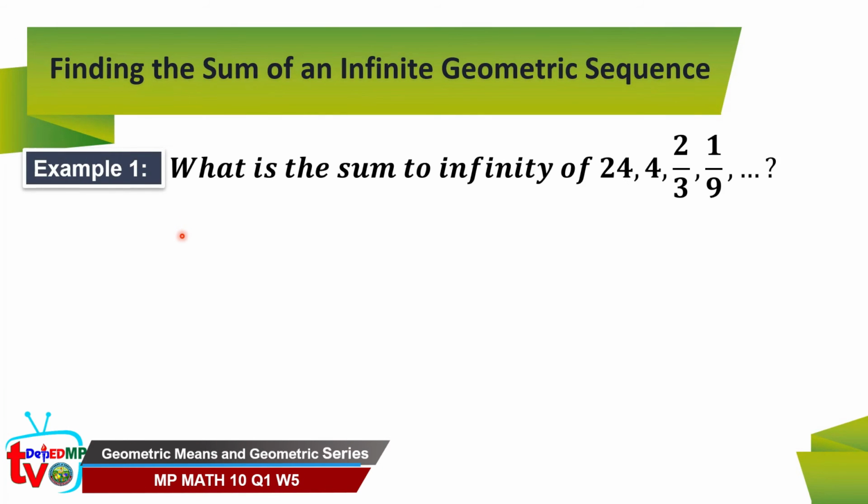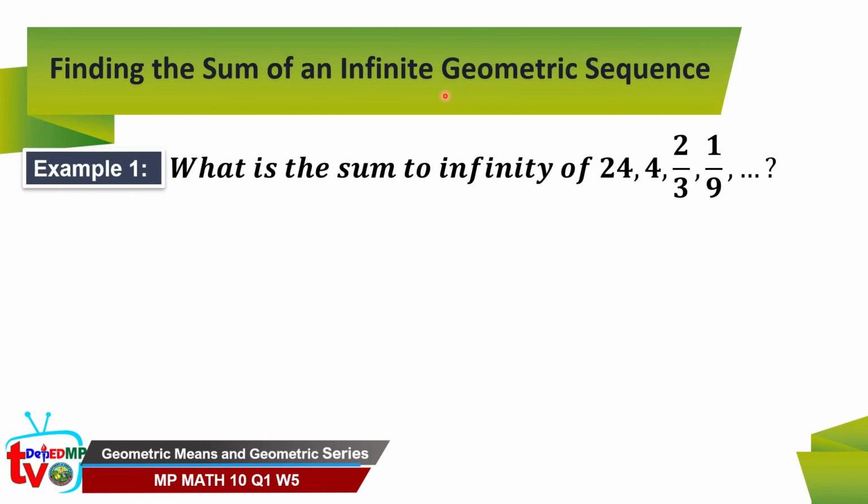Let us consider example 1. What is the sum to infinity of 24, 4, 2/3, 1 over 9, and so on? Let us remember that an infinite geometric sequence contains an infinite number of terms, which means the list of numbers continues without end.